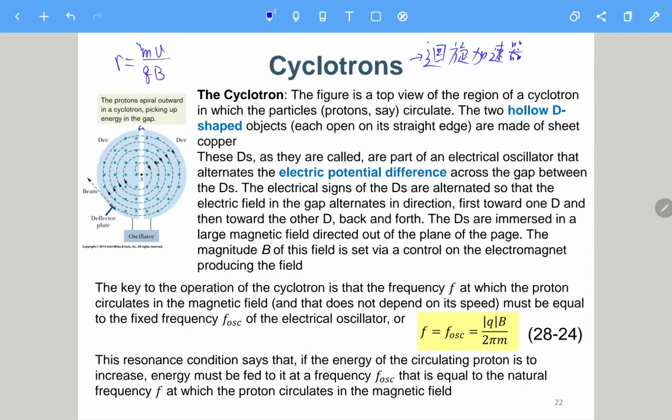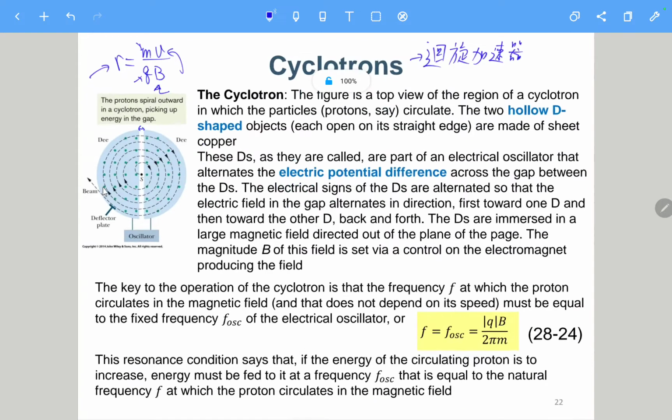Here m and q are of course constants, and B we cannot change in the case of the cyclotron. So the only variables are v and r. We increase the velocity in the gap, and it makes the radius larger. So as it accelerates, the locus is something like this, and at the end, it will shoot out.